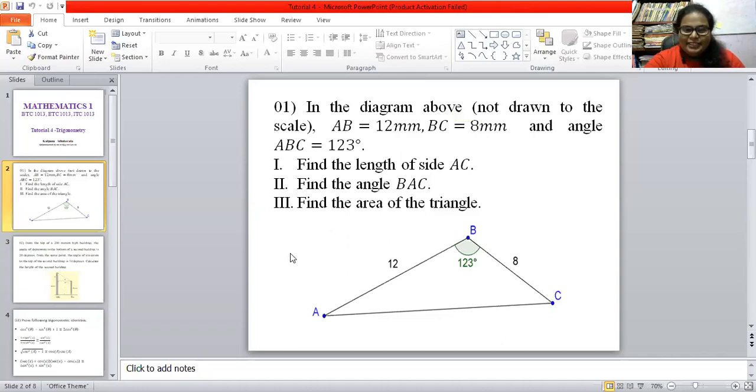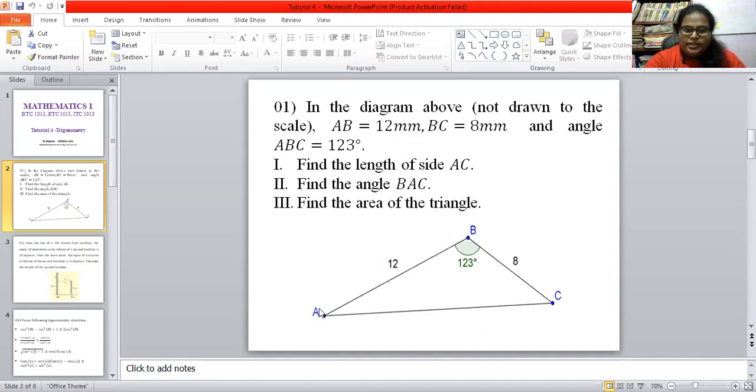Okay, then we are talking about this first question, and in the first part of this question, it is given as find the length of side AC, right? We use capital letters to denote a triangle.